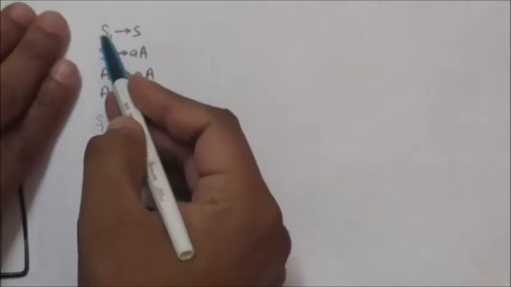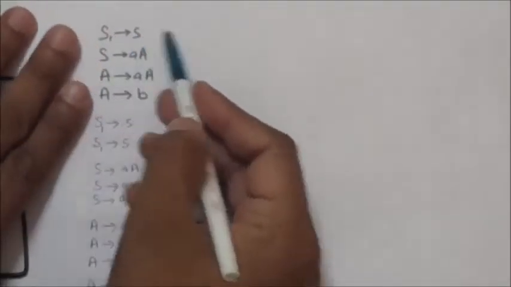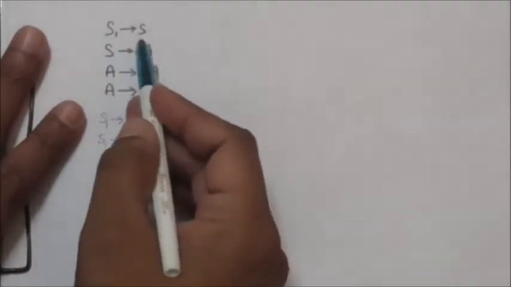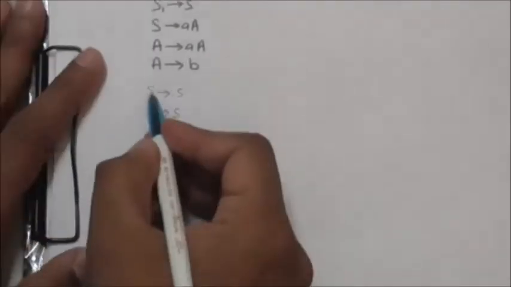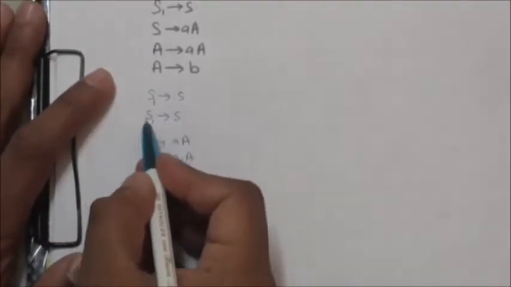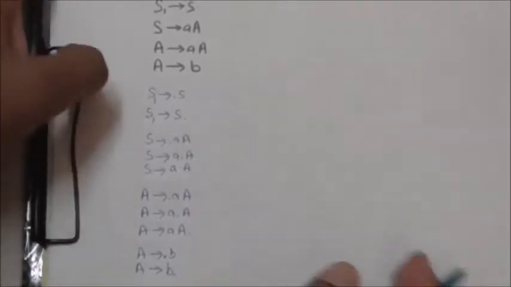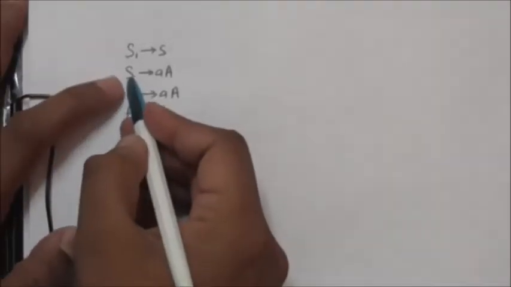Now we have created these LR0 items for these production rules, right? Now see this production rule, S1 derives S. For this production rule we have created these LR0 items: S1 derives dot S and S1 derives S dot, right? Similarly for this production rule, S derives AA, right?